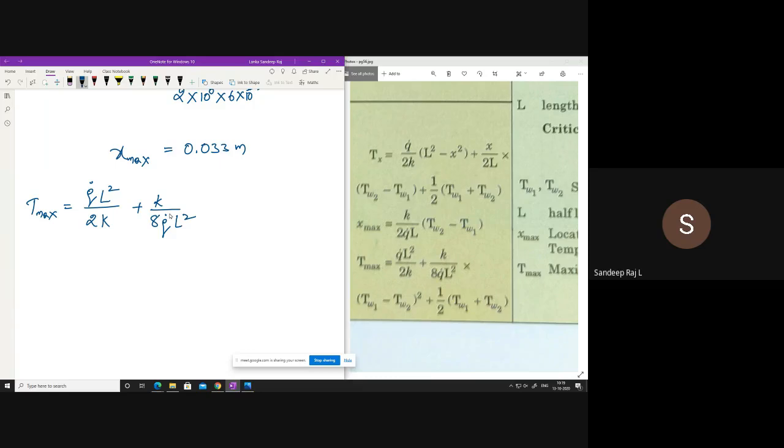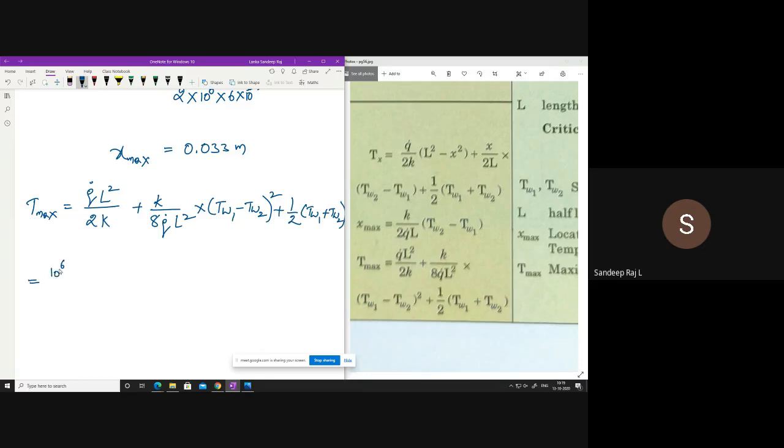Q dot meaning Q gen. Q dot meaning Q gen into (TW1 minus TW2) whole square plus half (TW1 plus TW2).